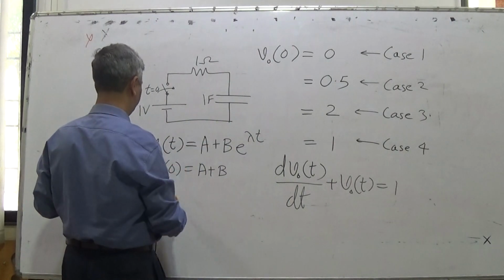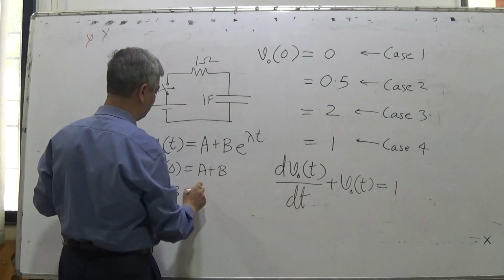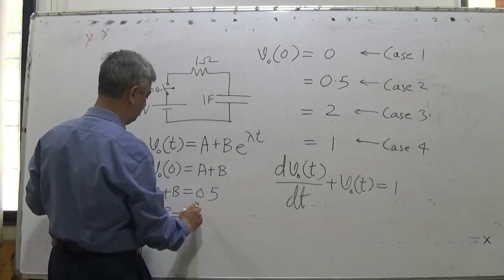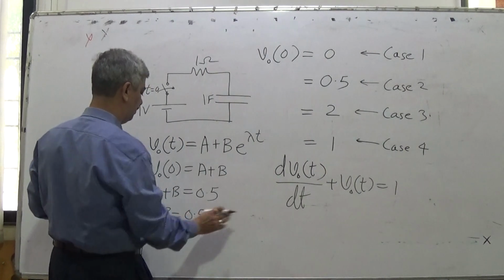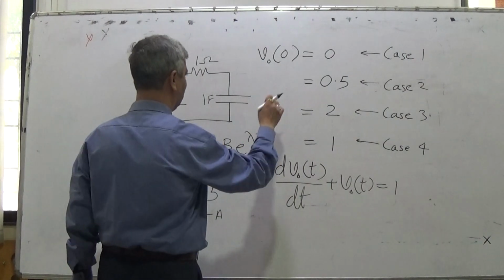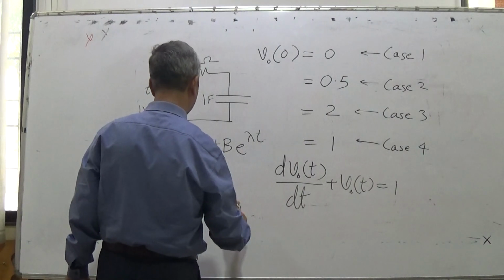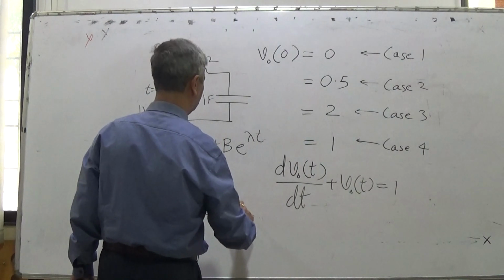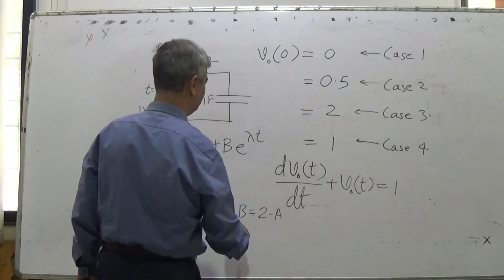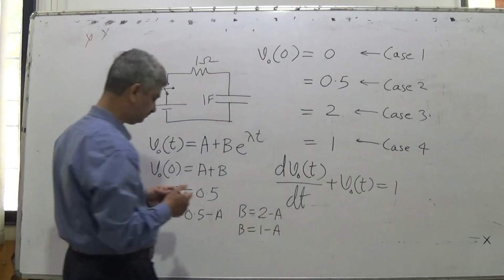So now if a plus b is 0.5, then b is equal to 0.5 minus a. Then if a plus b equal to 2, then b is equal to 2 minus a. If a plus b equal to 1, then b is equal to 1 minus a.